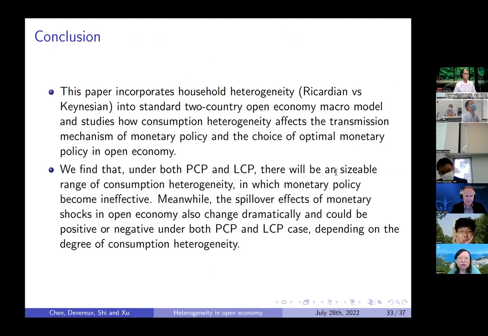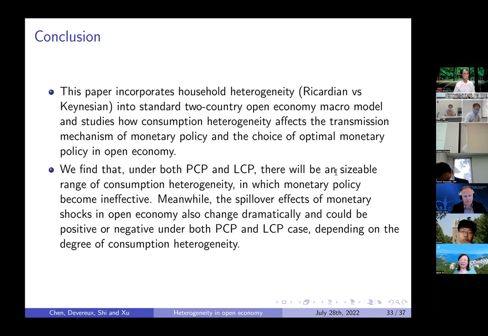Okay, so conclusion. This paper incorporates household heterogeneity, that is Ricardian versus Keynesian, into the standard two-country model and studies how consumption heterogeneity affects the transmission mechanism of monetary policy and the choice of optimal monetary policy in an open economy.